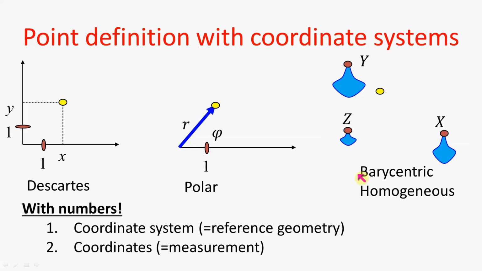The barycentric, also called homogeneous coordinate system, will be very useful to us, both in the definition of free-form curves and also in dealing with geometries where there is no possibility to measure the distance between 2 points. Here, the geometric reference system is the collection of 3 points, and the measurement goes as follows.